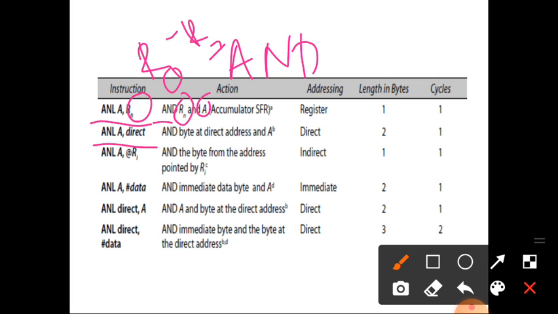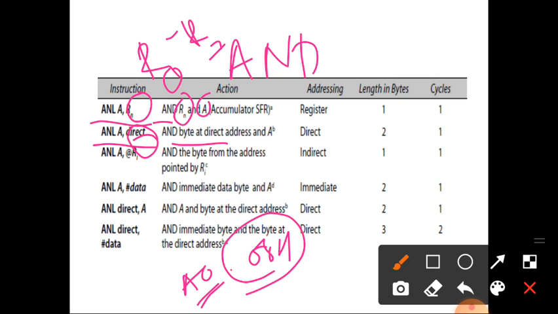Here AND the direct byte, or the byte at this direct address. So in the previous case, A0 contained the data 08H. That byte at that direct address is ANDed with the accumulator.